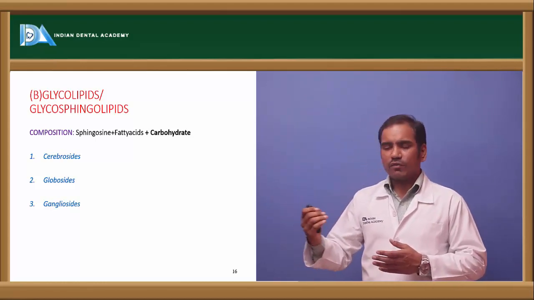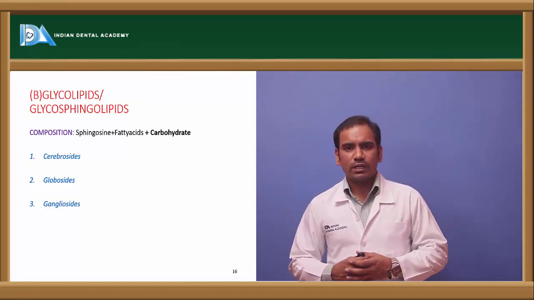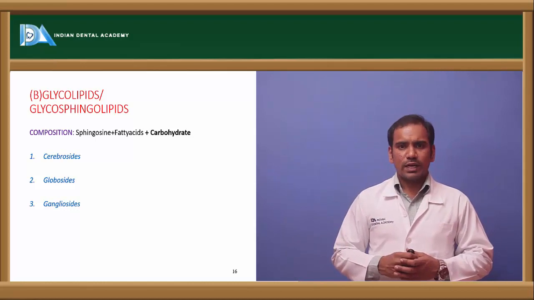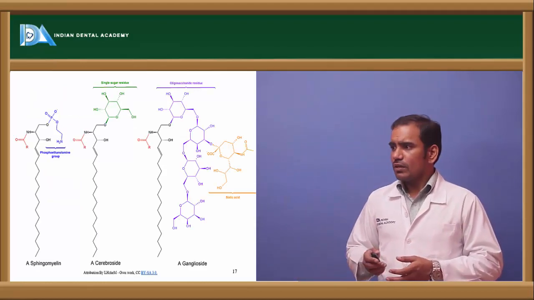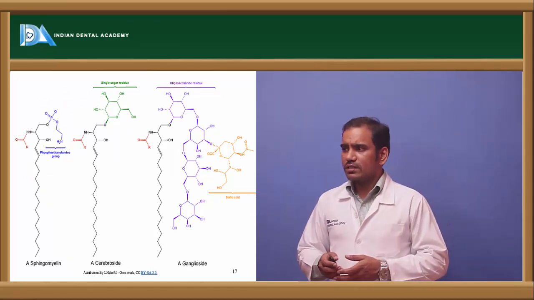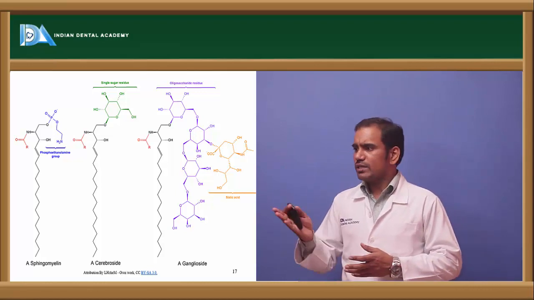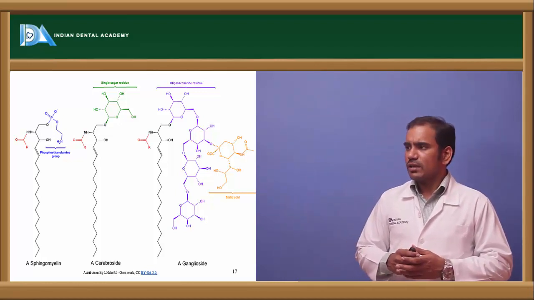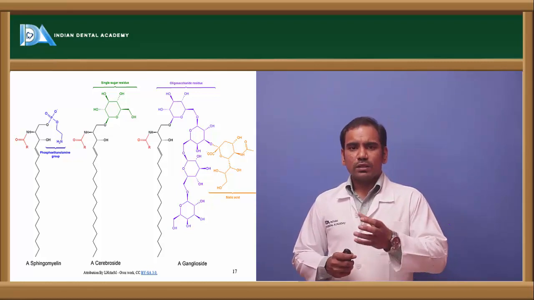Based on the type of carbohydrate, we subclassify these glycolipids into three types: cerebrosides, globosides and gangliosides. Coming to cerebrosides, these are the simplest form of glycolipids. When you see their structure, they have a ceramide structure plus one hexose sugar.